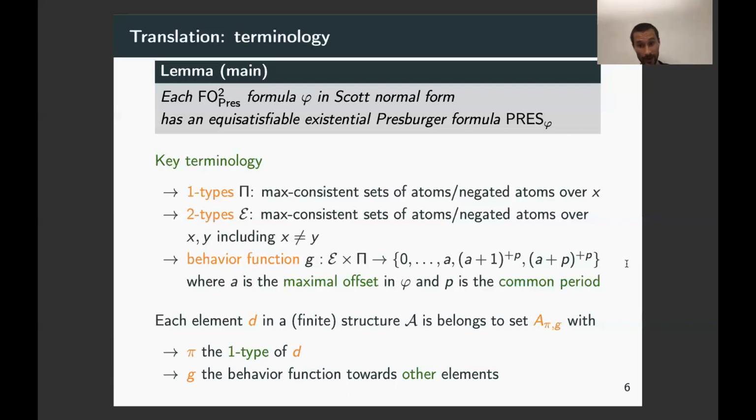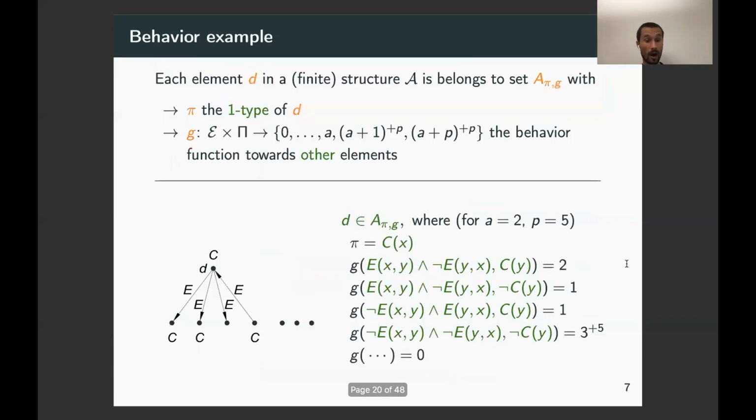And having d, we have a unique pi and G. So the whole structure is partitioned into these sets.